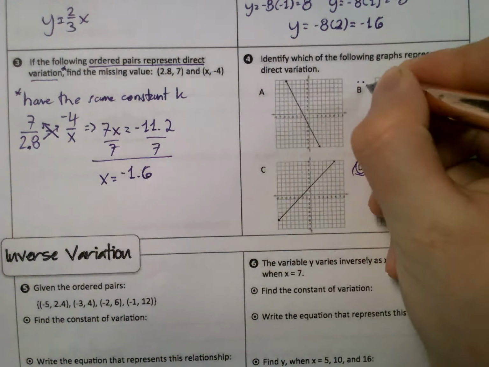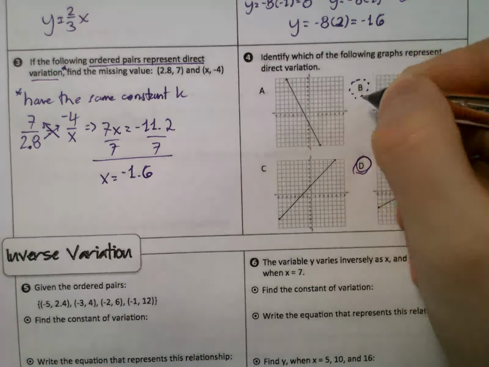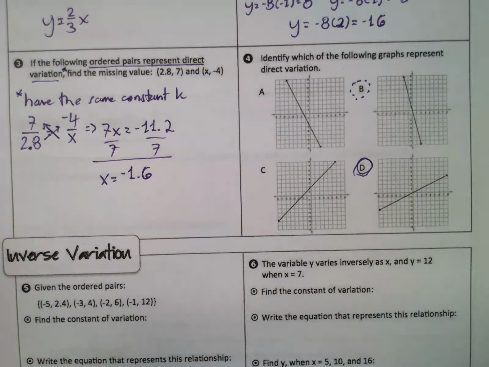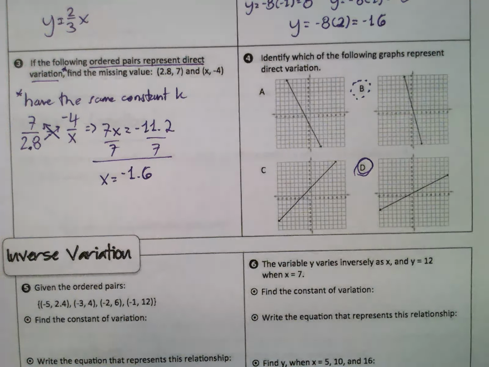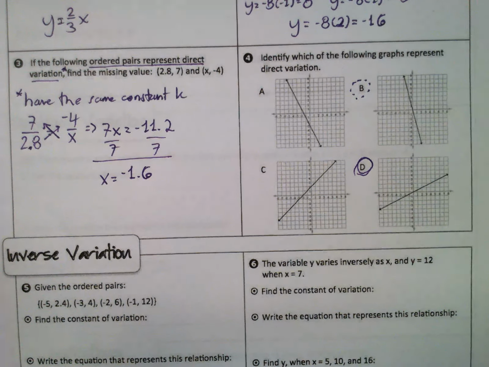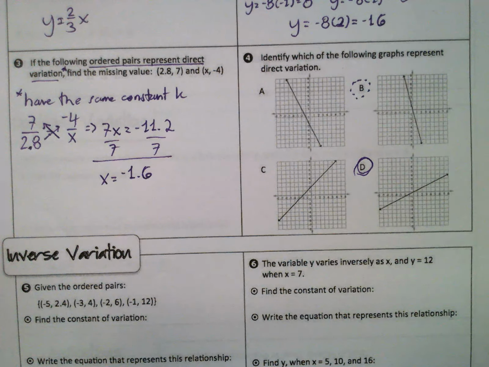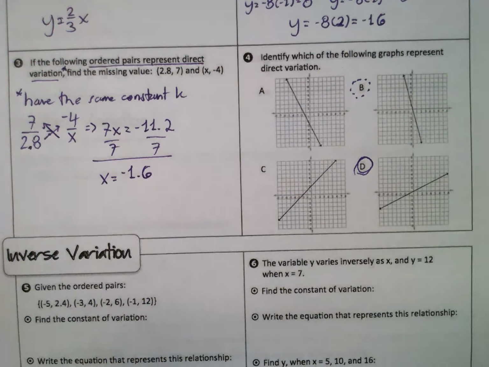The reason why we don't really like B is because it has a negative slope. In the theoretical world, great. In the real world, not great. So yes, B is a direct variation graph, but only in theory. If you apply real-world context, you cannot have negative k's, guys, and that has a negative slope.